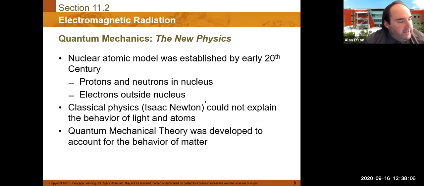And this was later disproven a little bit through what is known as the quantum mechanical model, where the best that we could do is say, I'm not really sure how an electron is moving. The best I could say is that there is a high probability of finding an electron in a particular location in an atom.